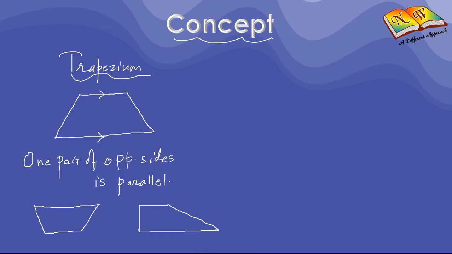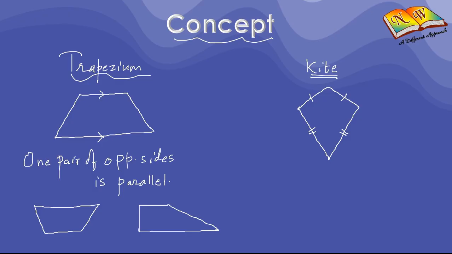Unlike a trapezium, a kite has a different shape which resembles something like this. So the two adjacent sides which I have drawn on top and the two adjacent sides which I have drawn at the bottom, they are of equal length. So one pair of adjacent sides are equal and the other pair of adjacent sides are equal.